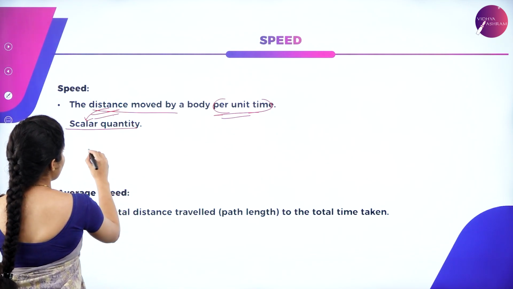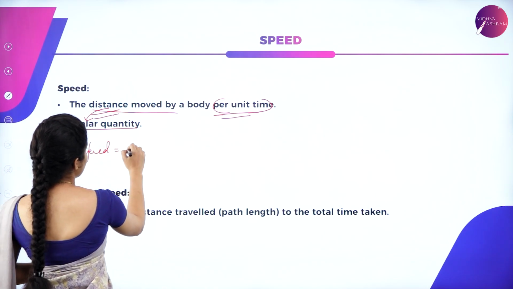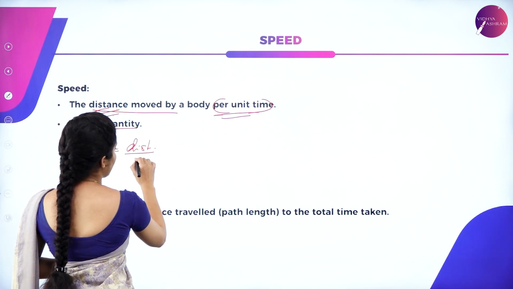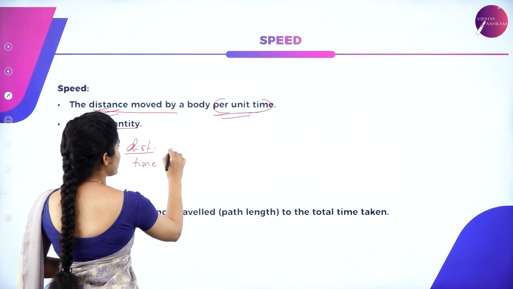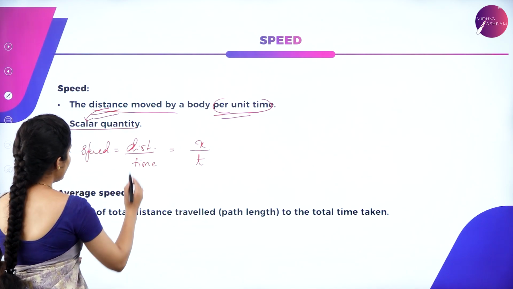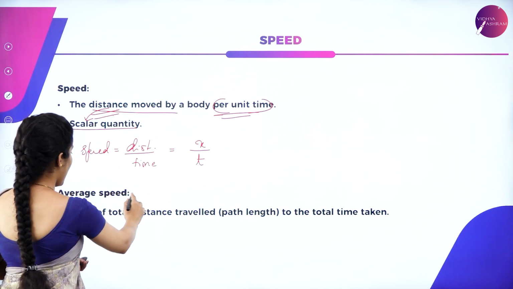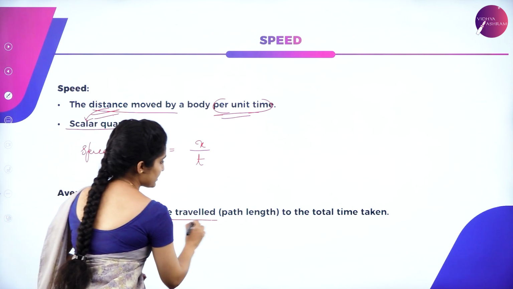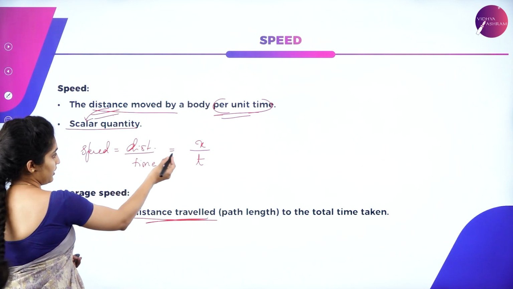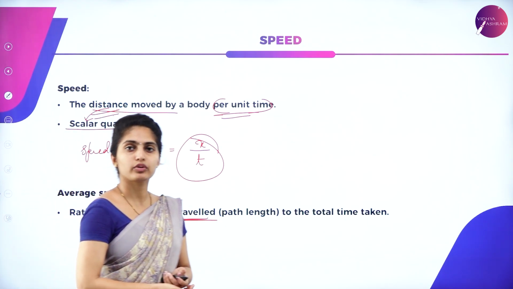Speed is equal to distance by time taken. So you can just write it as x divided by t. Here you have average speed for it. Average speed means total distance traveled to the total time taken, which will be considered under the same equation. That is all about the speed.